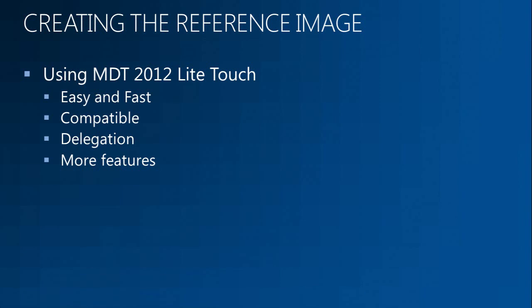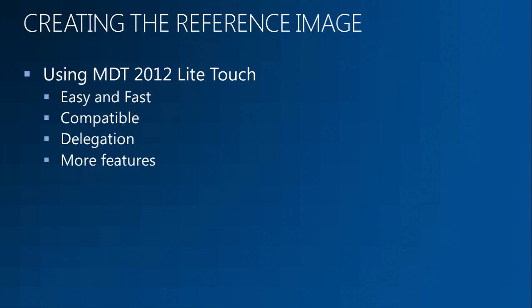If you build reference images in Config Manager, guess what? You don't have an admin profile. Therefore, it's very difficult to have Config Manager copying it. So you normally end up with all these scripts that will inject stuff into the registry at deployment time of the sequence. But if you build in Light Touch, well, it's faster, quicker, more compliant, more easy to delegate, and you get additional features.